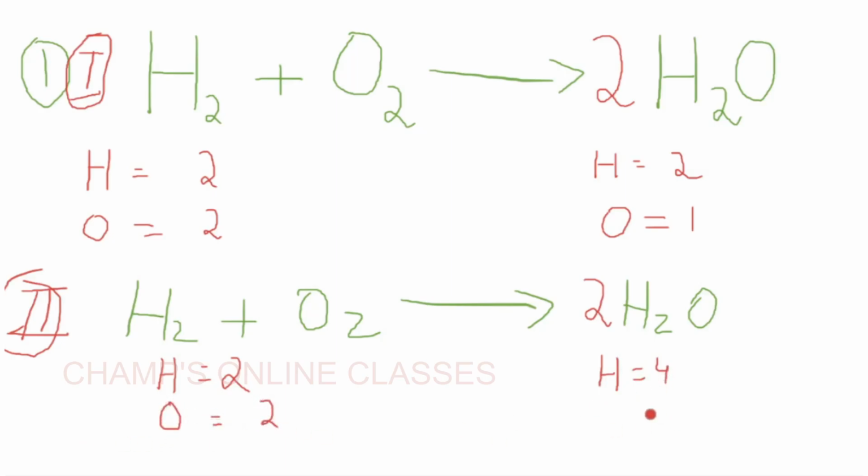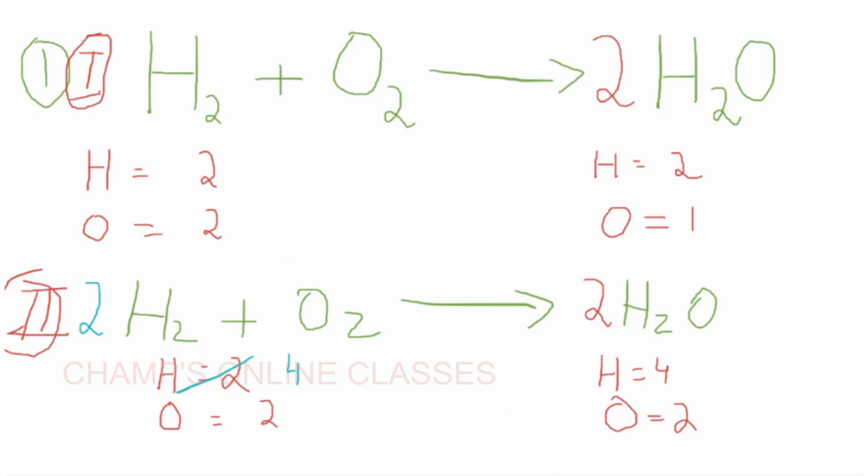It is 2 on this side, it is 2 on this side. So now to balance hydrogen, you will multiply with 2 to make it 4. If you multiply on the reactant side with 2, now you can see there are equal numbers of hydrogen atoms on both sides. You can see everything is balanced now. Hydrogen is 4, 4 hydrogen, 4 hydrogen, 2 oxygen, 2 oxygen. So our equation is balanced.